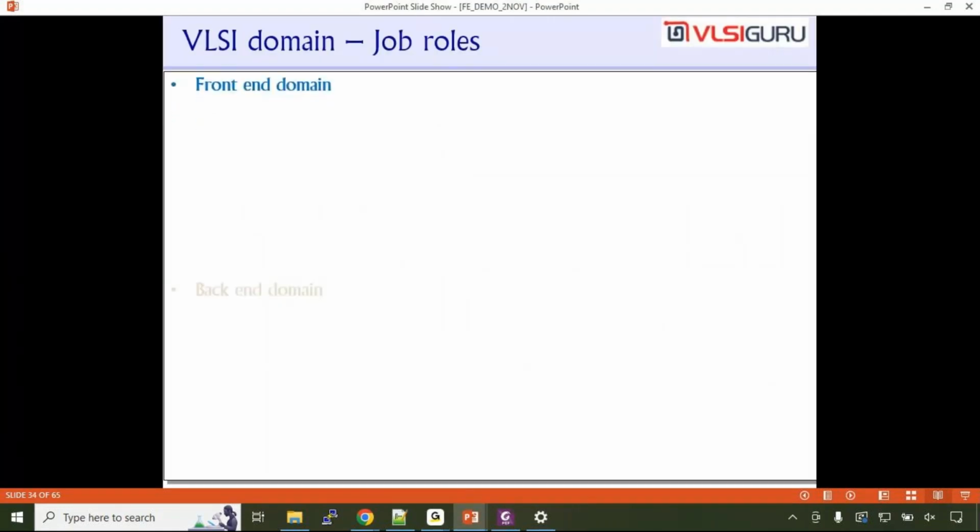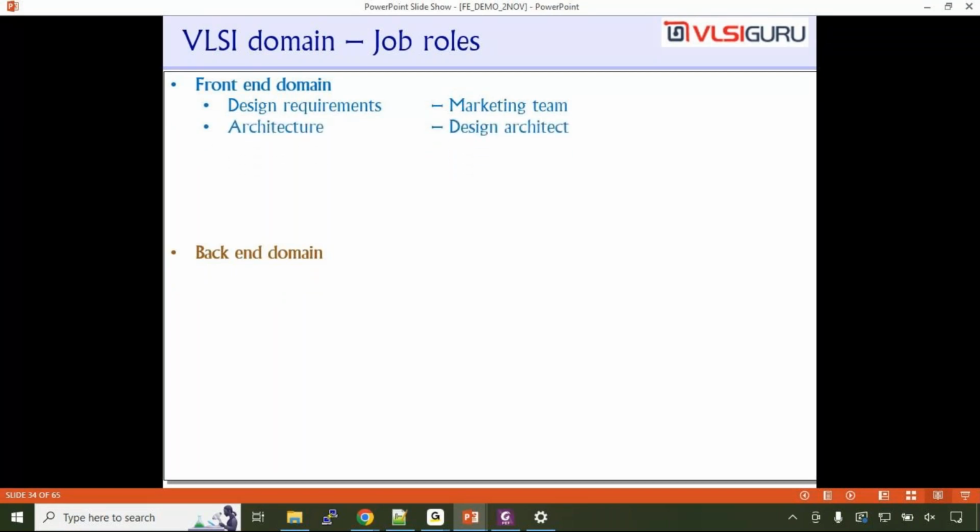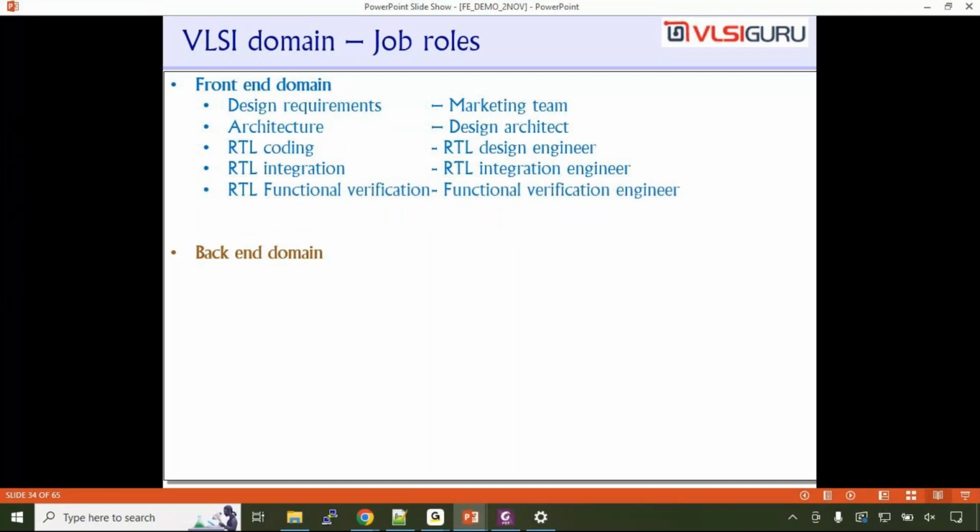So what are the different job roles in the front-end domain? Design requirements is the marketing team. Architecture is the design architect. RTL coding is the RTL design engineer. RTL integration is the RTL integration engineer. RTL functional verification is the functional verification engineer.